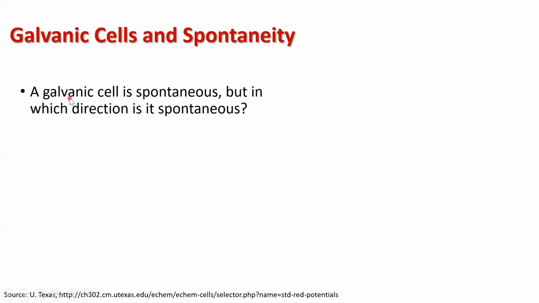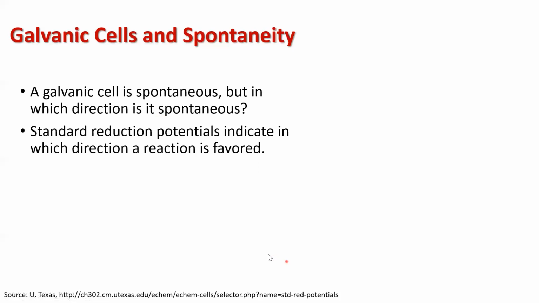All right. So now let's talk about these galvanic cells and spontaneity. When we talk about galvanic cells, sometimes they're called voltaic cells. They take place spontaneously, but we need to decide which direction the spontaneous reaction is taking place.